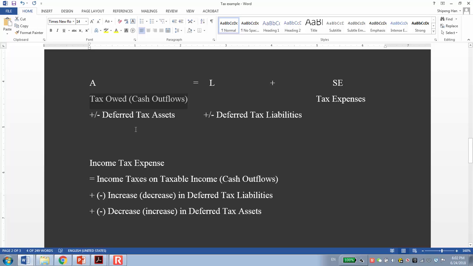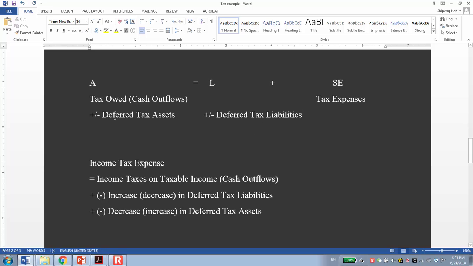Actually, we record the difference in two different accounts. One is deferred tax assets. The other is deferred tax liabilities. And if we write their relation as an equation, it represents the same thing. Income tax expense equals the income taxes on taxable income, with the changes in deferred tax liabilities and changes in deferred tax assets.